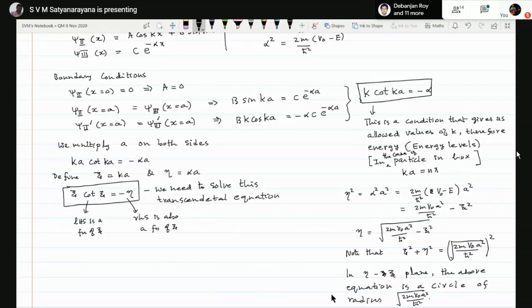This is the equation of a circle in the eta xi plane: x square plus y square is equal to something. Xi square plus eta square is equal to something.